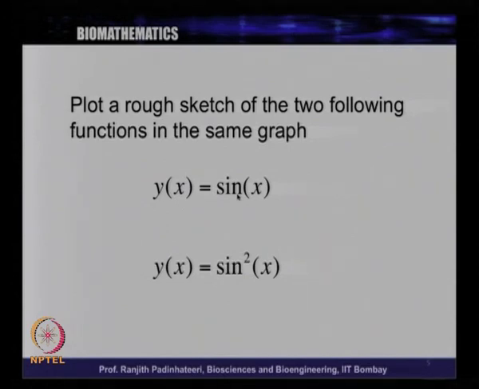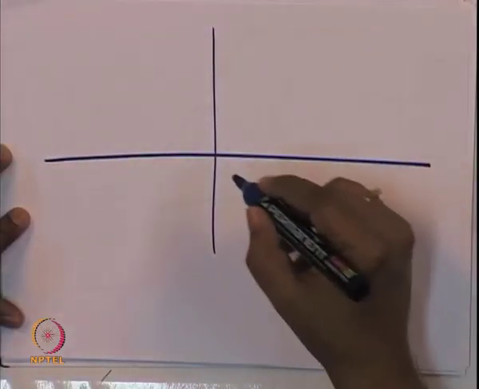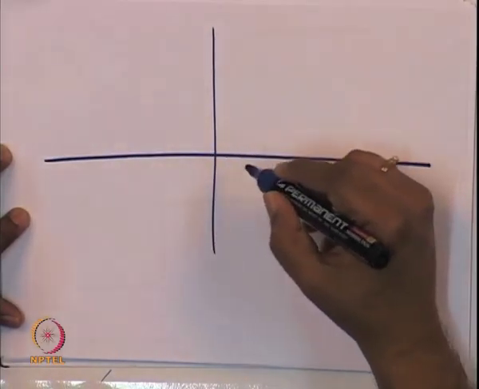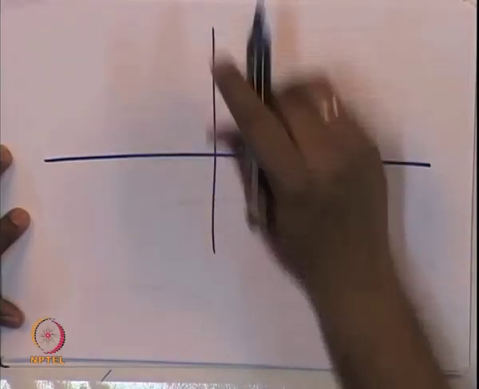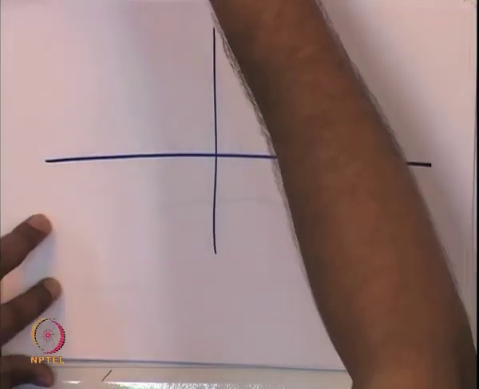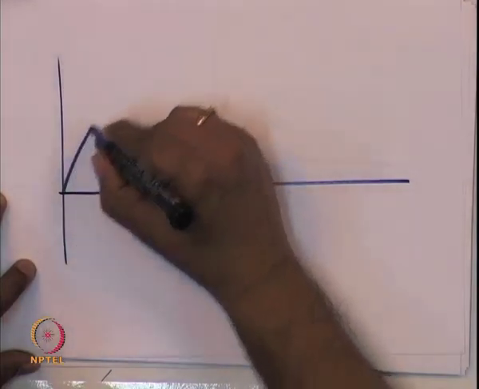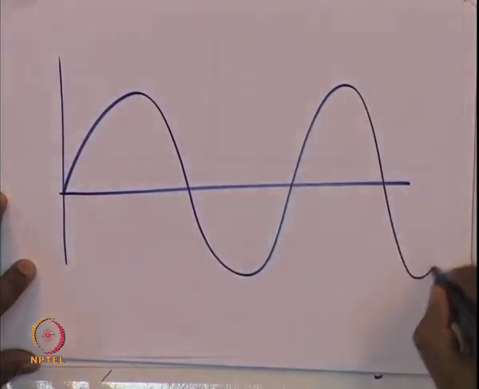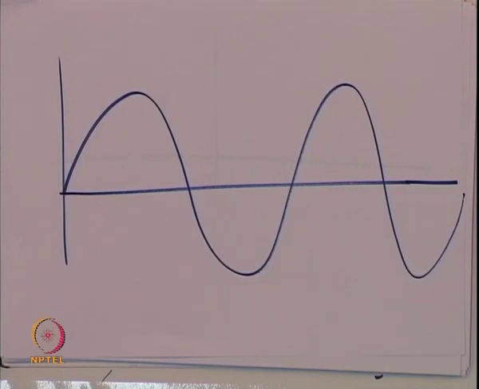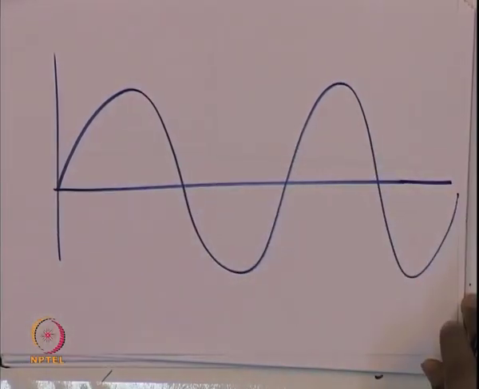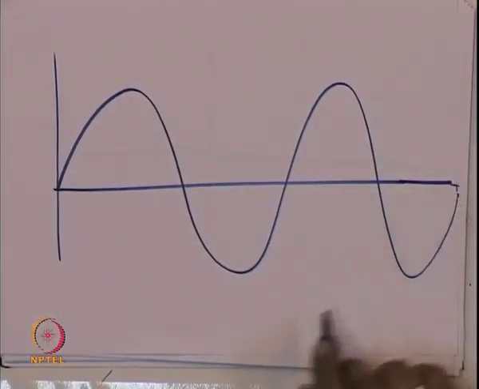When we say sin x, we immediately know how this graph looks. Let me draw this a little more carefully here in a different plot. Sin x typically will look like, let me start from here, starting from 0, an oscillating function.